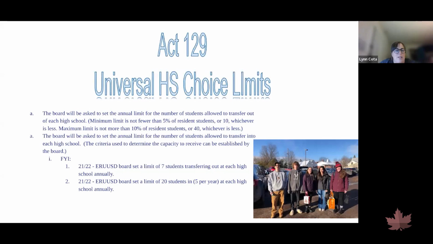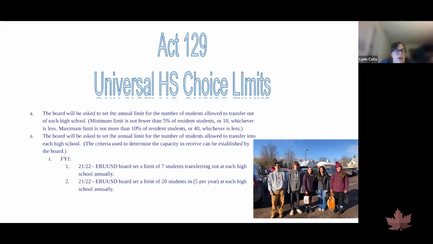First, the annual limit for the number of students allowed to transfer out of each high school. The minimum limit is not fewer than 5% of resident students or 10, whichever is less. Last year, you set a limit of 7 students transferring out of each high school annually, which met that criteria, because it's not total population, it's resident students.